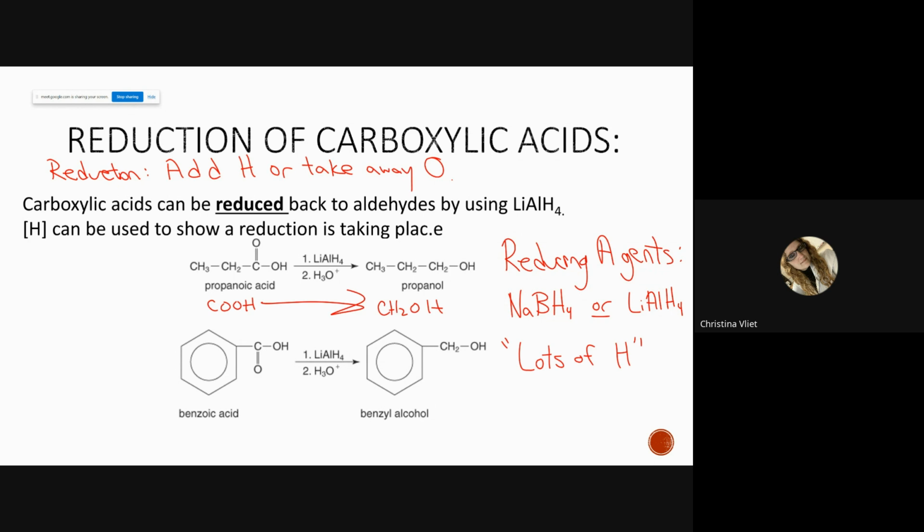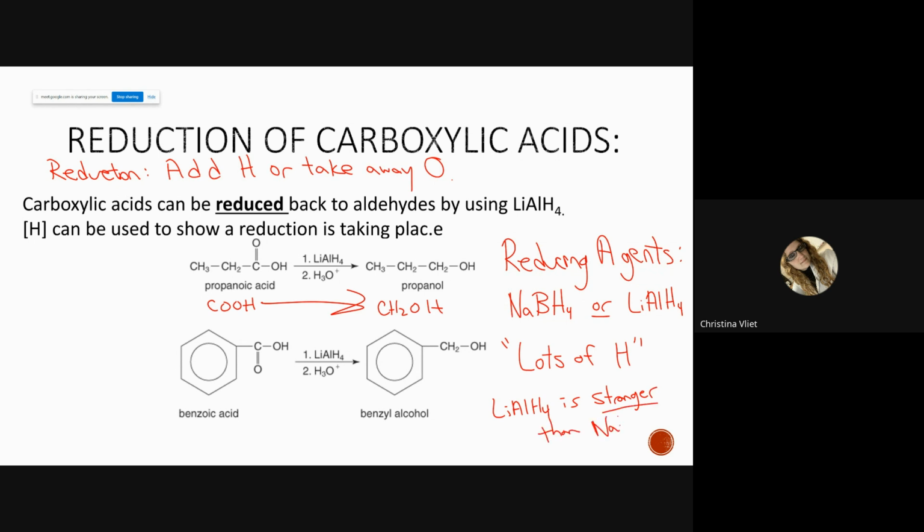Here you've got another example. It's a benzene with a carboxylic acid. Does the same thing. Something important to note, that is going to come up in a future slide, and you may want to write it down, is that LiAlH4 is stronger than NaBH4.